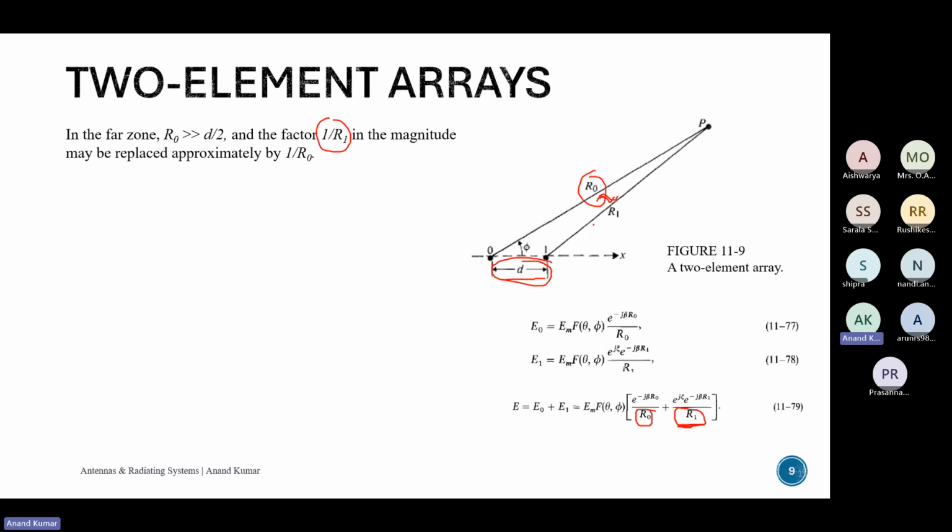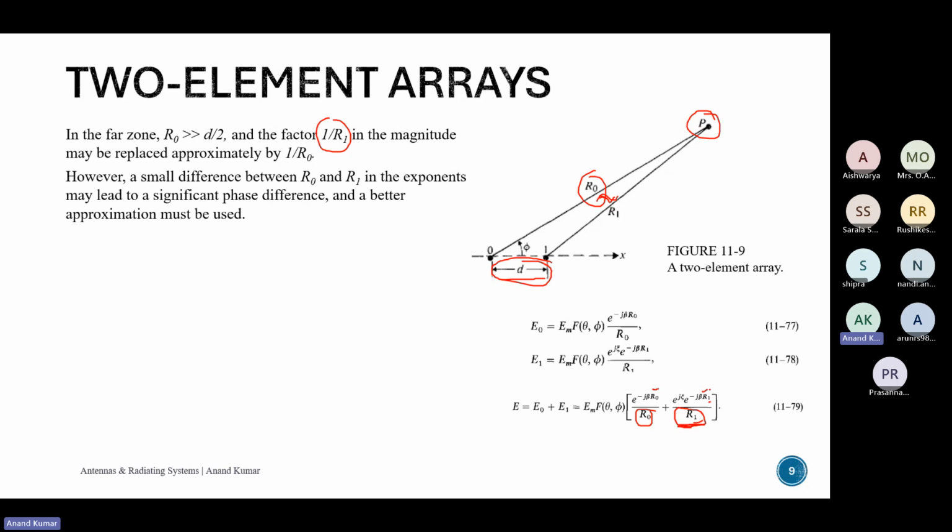This d is very small, so these two are approximately equal. So we can just replace r1 by r naught, but since r naught and r1 are also in the phase term, even the smallest difference might affect the total field as constructive or destructive addition. So we won't just change r1 to r naught over there. So we'll use a better approximation here.